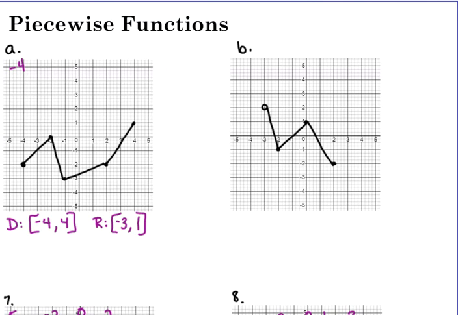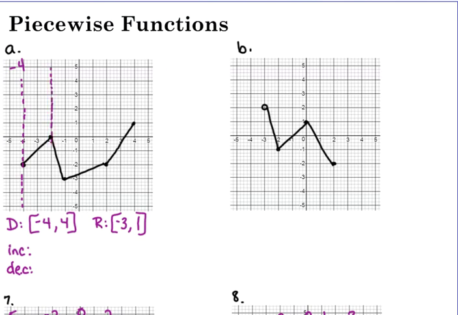Okay, let's talk about our increasing and decreasing intervals. Remember what we did yesterday to help us identify those. We need our starting point. So draw a vertical line where it starts. Follow the graph until it changes.